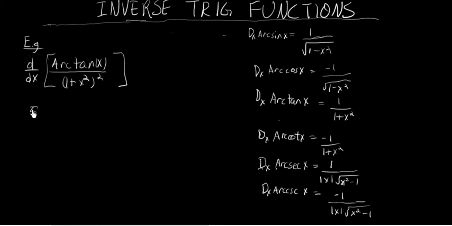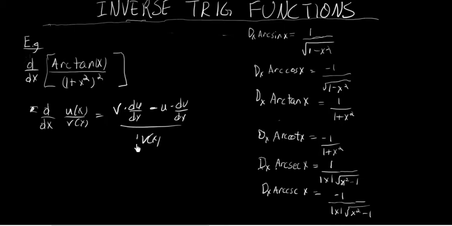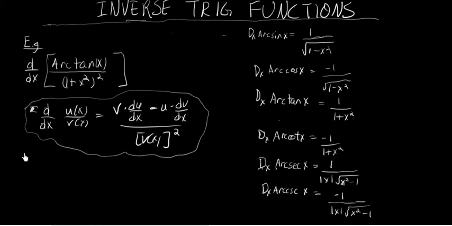If you recall, the derivative of a quotient, u of x over v of x, is just going to be v times du dx minus u times dv dx over v of x, the quantity squared. And v and u here are functions of x. I've just, for ease of writing, left out the of x part. So I'm just going to keep that circled so you can bear that in mind as we work this example.